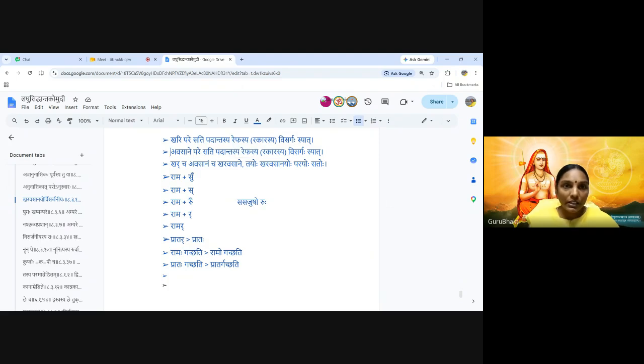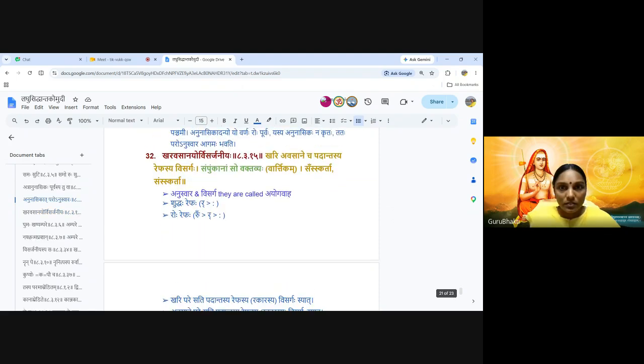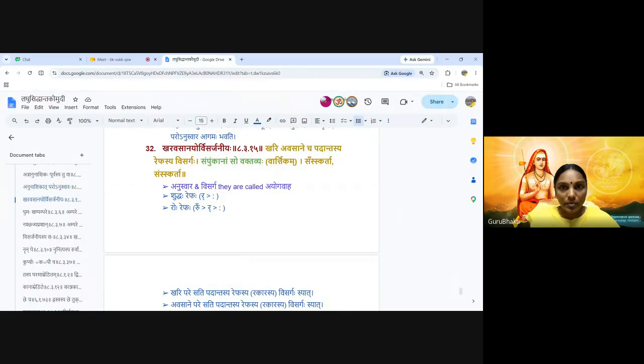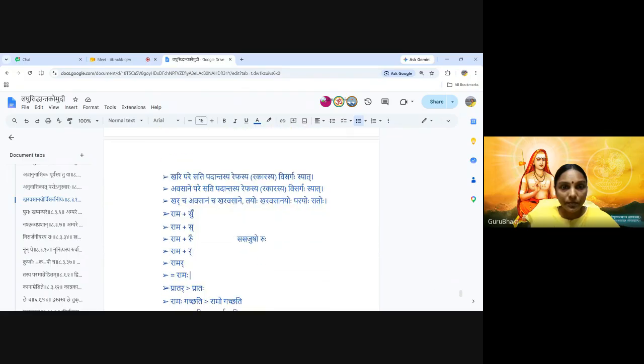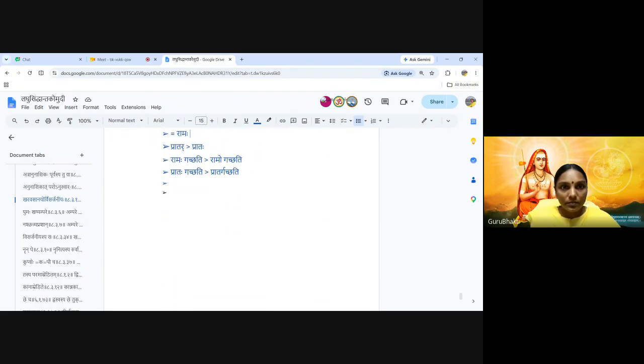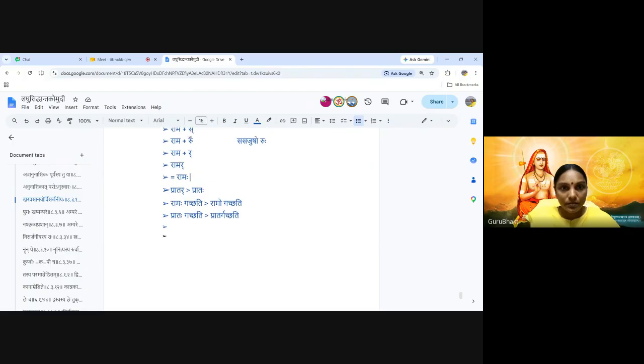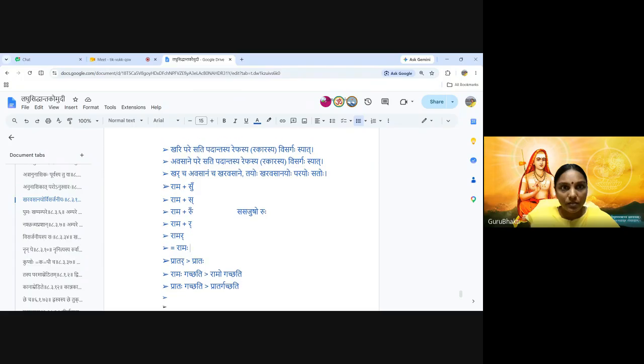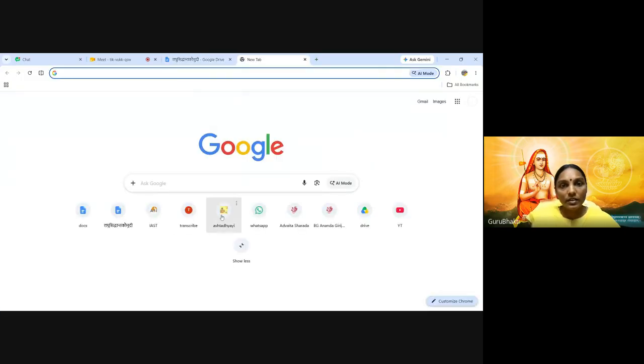Avasane, this one we have to take: avasane pare sati padantasya refasya visargah syat. It is padanta, and this padanta refa is at the end. Then that refa will change into visarga. Ramah. This is the form for avasane pare sati padantasya refasya visargah syat. Oh, they have not given any examples. Let us see for khar.